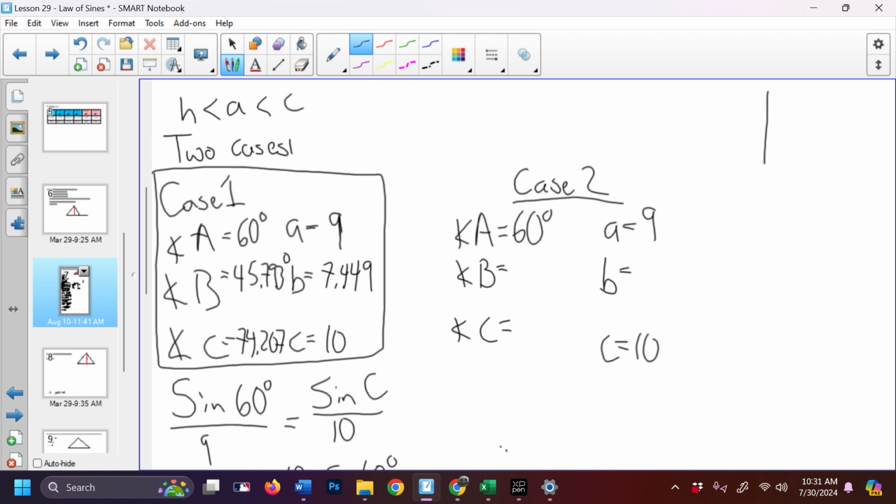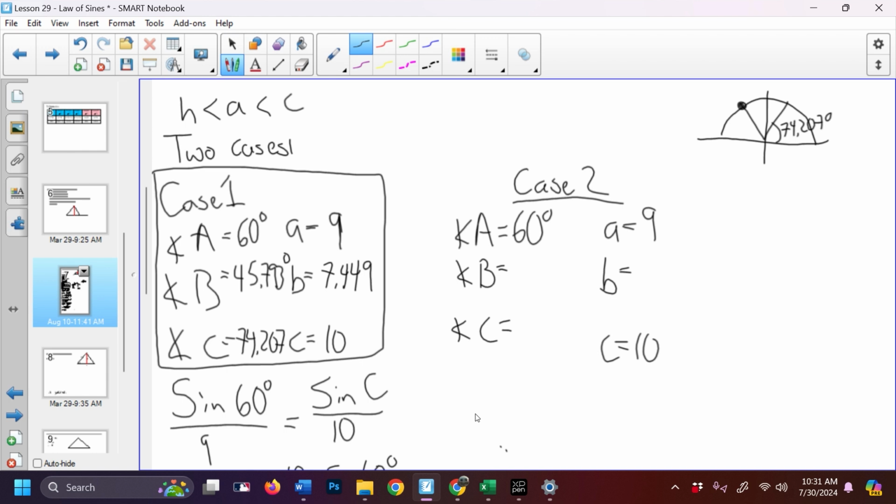All right, if you think about it, I need the corresponding value in the second quadrant to this 74.207 degree angle. I need this value right here. And finding that is actually pretty easy. I'm just going to subtract that from 180 degrees.